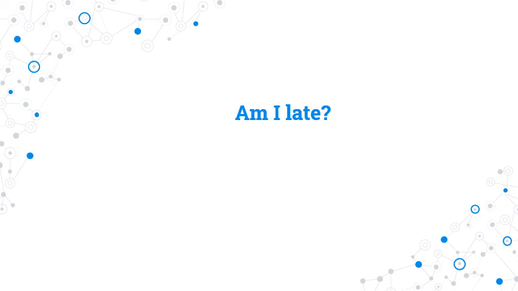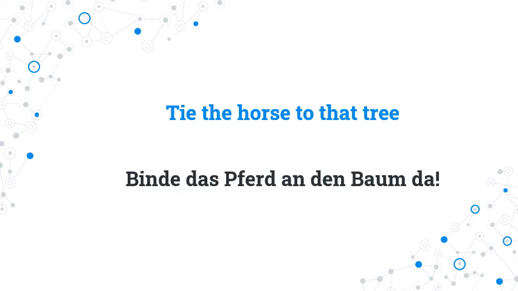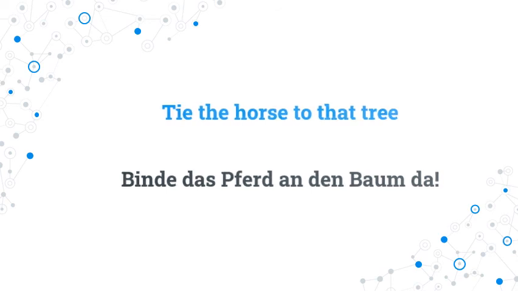How do you say, am I late, in German? Bin ich zu spät? How do you say, tie the horse to that tree, in German? Binde das Pferd an den Baum da.